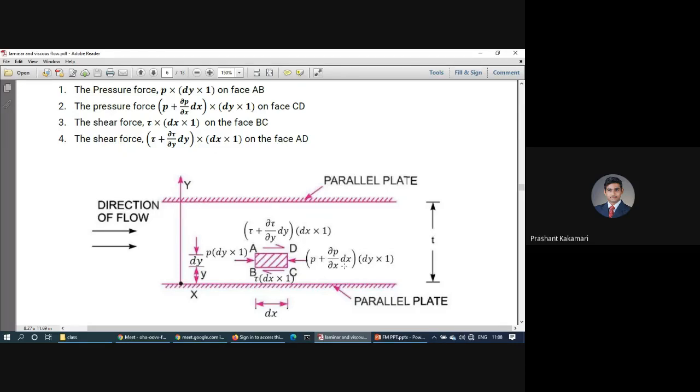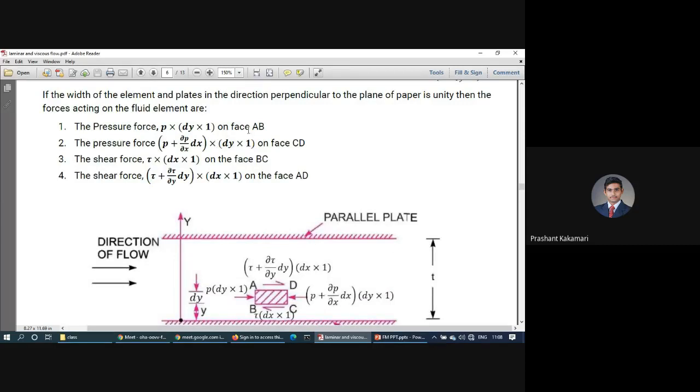Now considering all these equations separately: the pressure force on AB, the pressure force on CD on the other side, then the shear forces or shear stress tau. If you want to find the force, you multiply tau into area. Like that, they find all the forces acting on the elementary fluid.